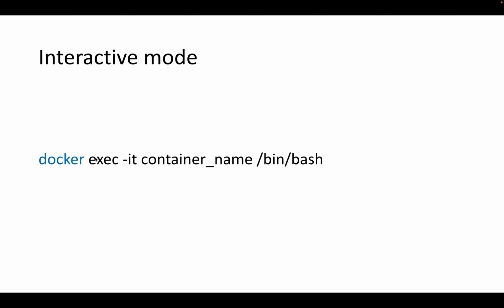When you type docker exec -it and this /bin/bash after the container name, you will be able to run a bash terminal inside the container. After that, you can run pretty much any commands inside this container, like ls, for example, to see the directory's contents, and also run any executable, or even install new packages with apt-get.